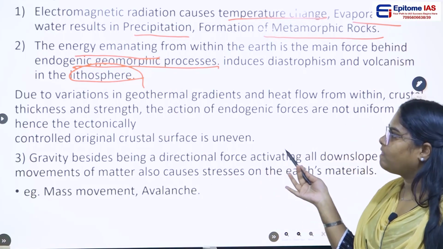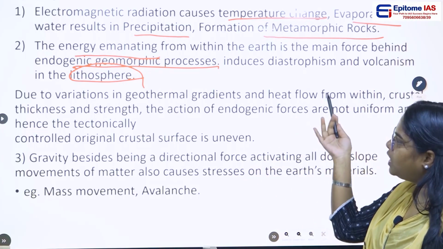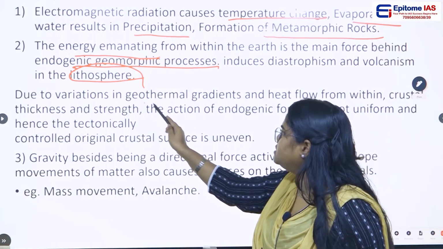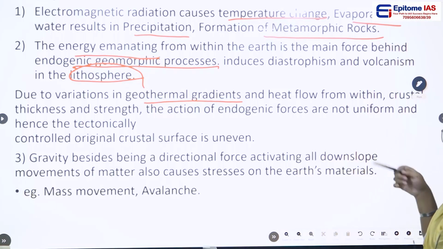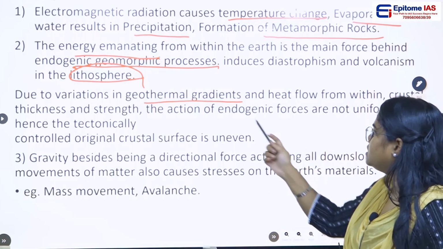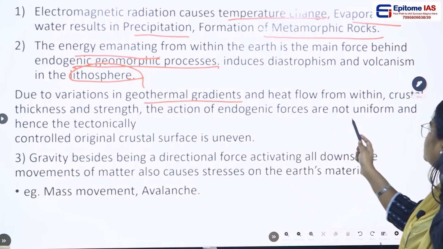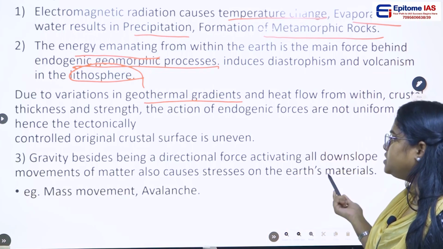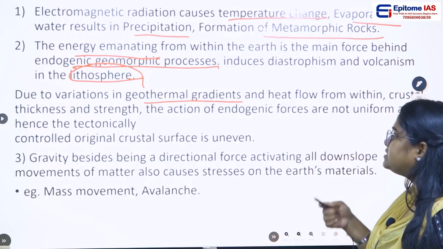Due to the variation in the geothermal gradient and heat flow from within, the crust thickness and strength, the action of endogenic forces are not uniform and hence tectonically controlled. Original crustal surface is uneven.